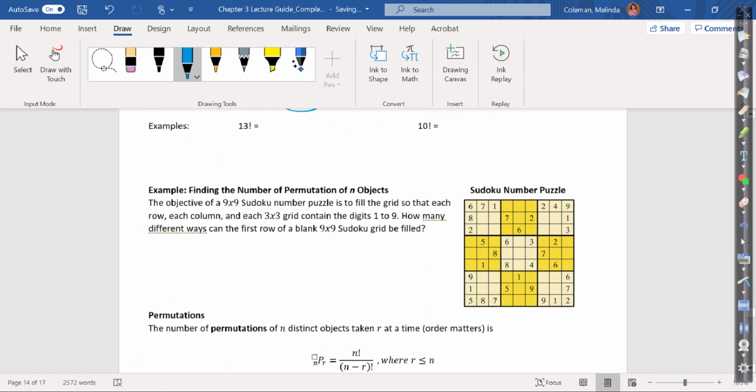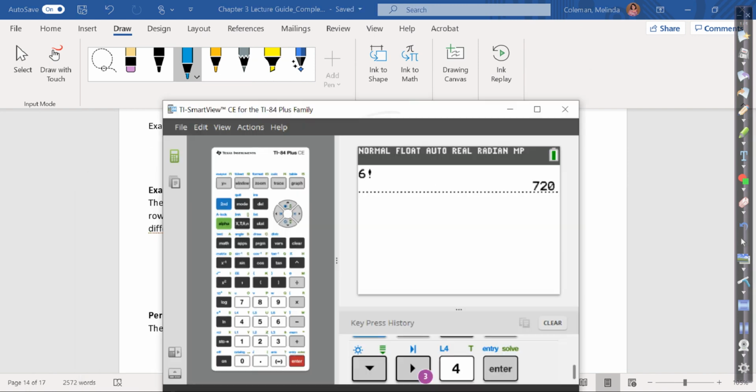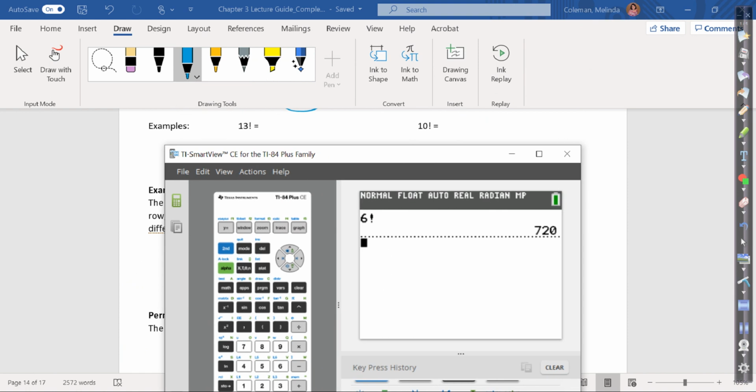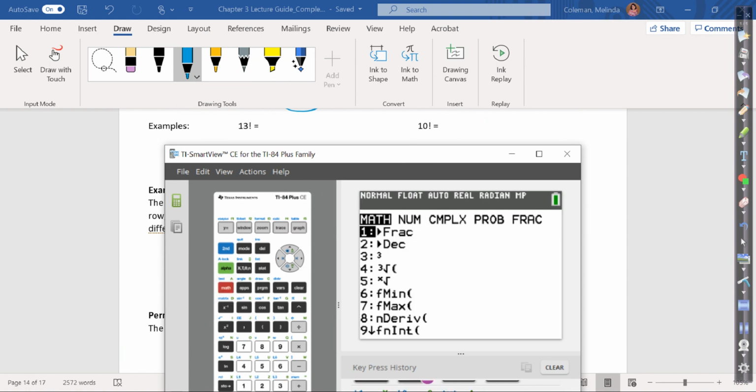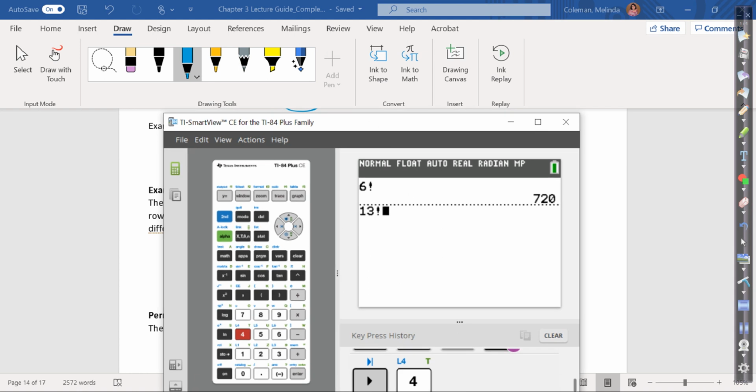So 13 factorial. Again, we're going to hit 13, math, probability, number 4, and then enter. And it's that really large number. So you can see factorials are going to get quite large quite fast.